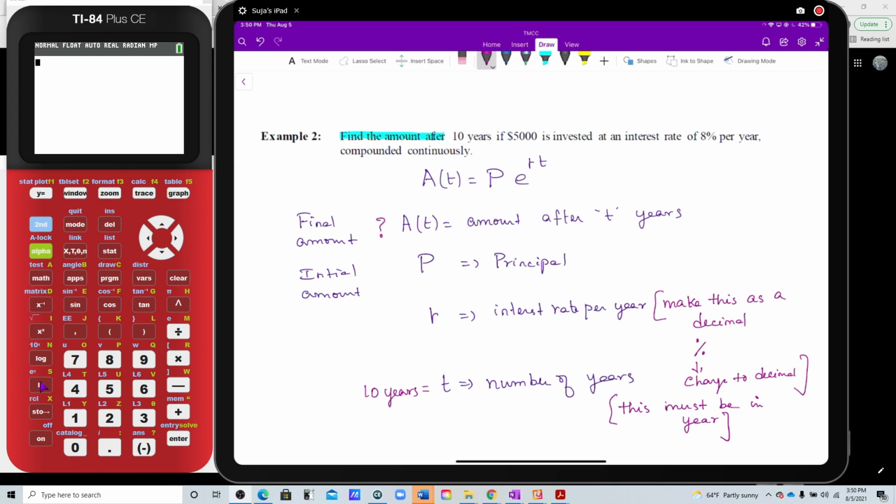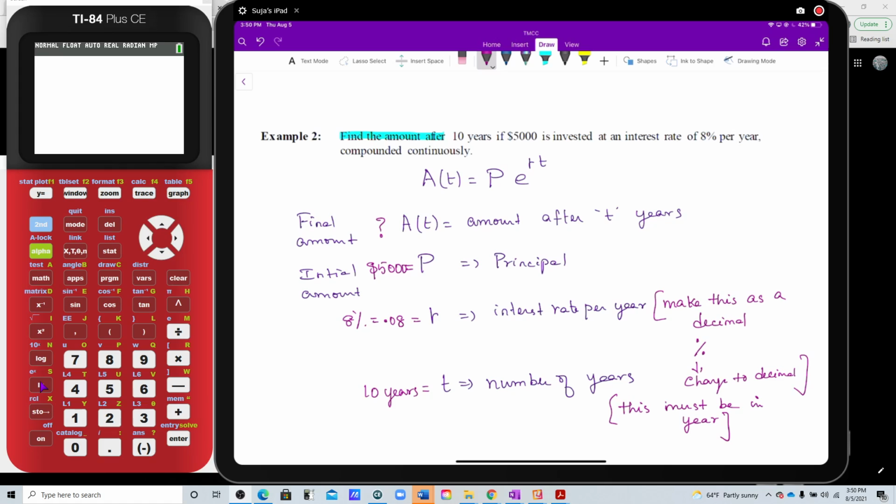And if $5,000 is invested, that's my principal amount, which is 5,000, at an interest rate of 8% per year. 8% is my R. I remember I told you we need to convert this into a decimal, so it's going to be 0.08.